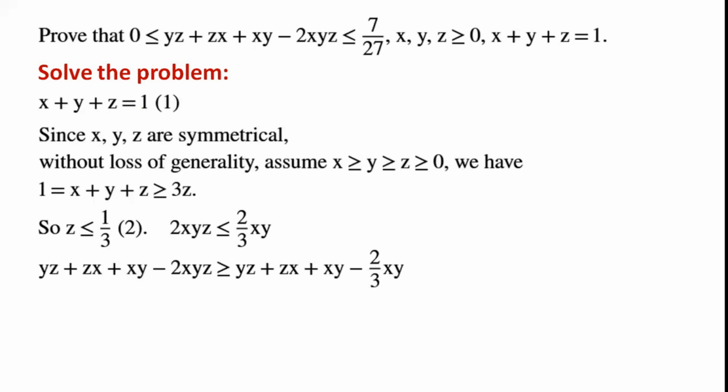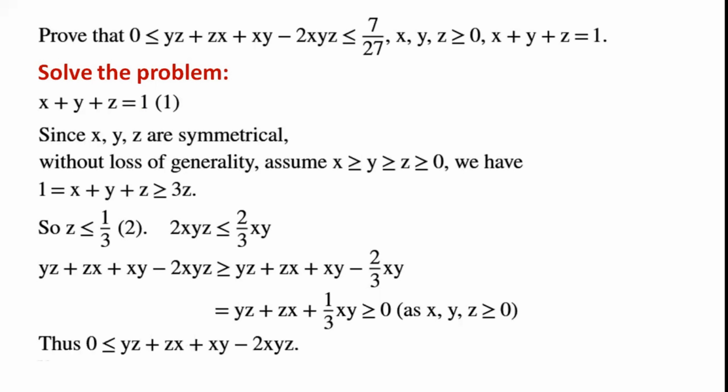yz plus zx plus xy minus 2xyz is greater than or equal to yz plus zx plus xy minus 2/3 xy, which is equal to yz plus zx plus 1/3 xy, which is greater than or equal to 0, as x, y, z are greater than or equal to 0.